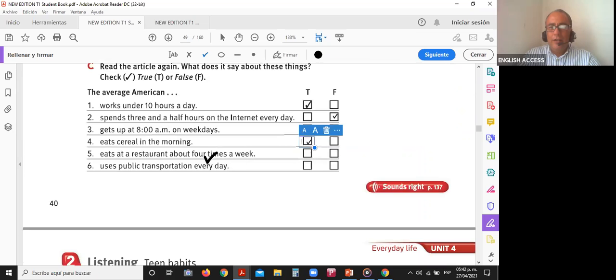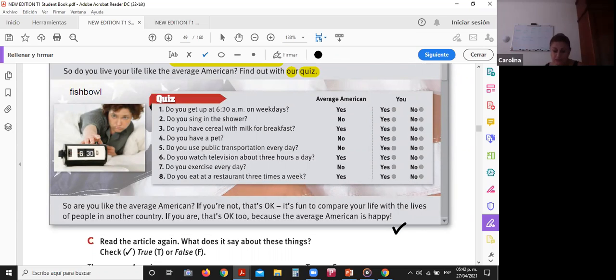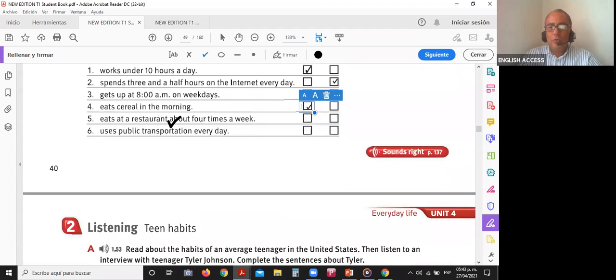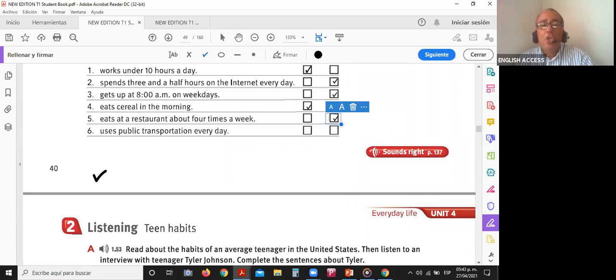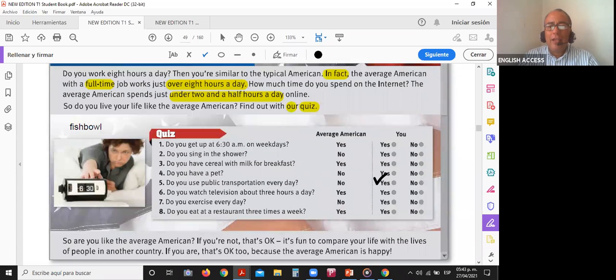Yes, okay. Number five. Eats at a restaurant about 4 times a week. True or false? 4 times or 3 times? False. 3 times a week. And finally, uses public transportation every day.